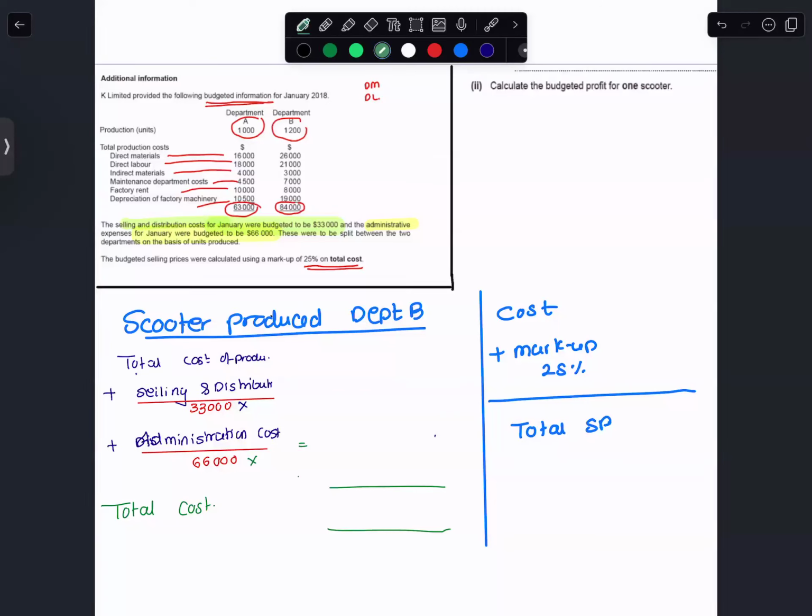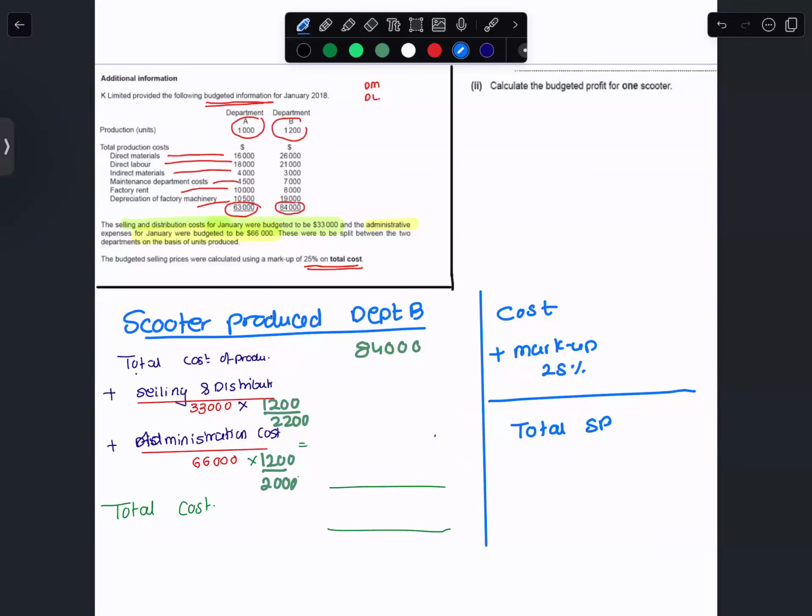What is the total cost of department B? 84,000. Selling and distribution will be apportioned how? 1,200 divided by 2,200. And same thing for administration. So it will come up to how much?